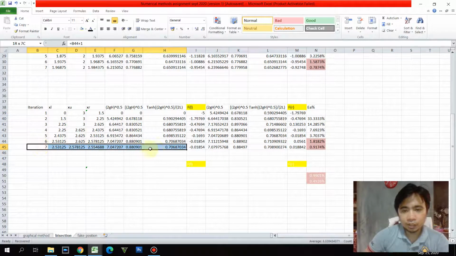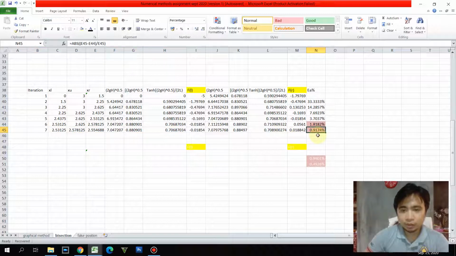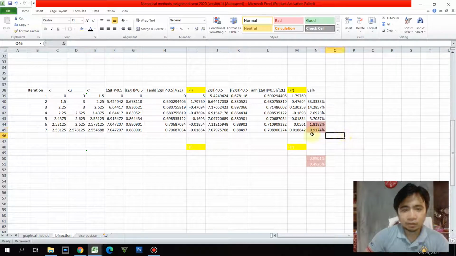And then the 7th iteration, we can see that we are getting nearer to 1% estimated error. So it is between 0.91 and 1.81, and as we can see, the values are 2.57 and 2.55. So it is between 2.55 and 2.6 perhaps.